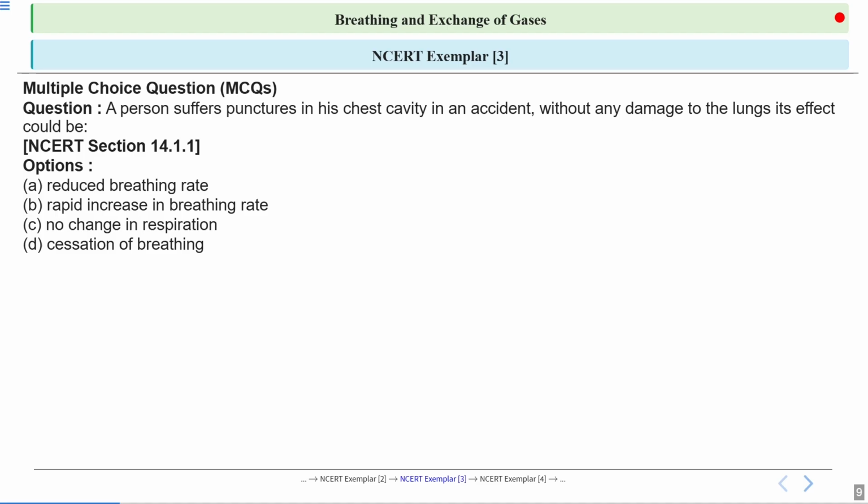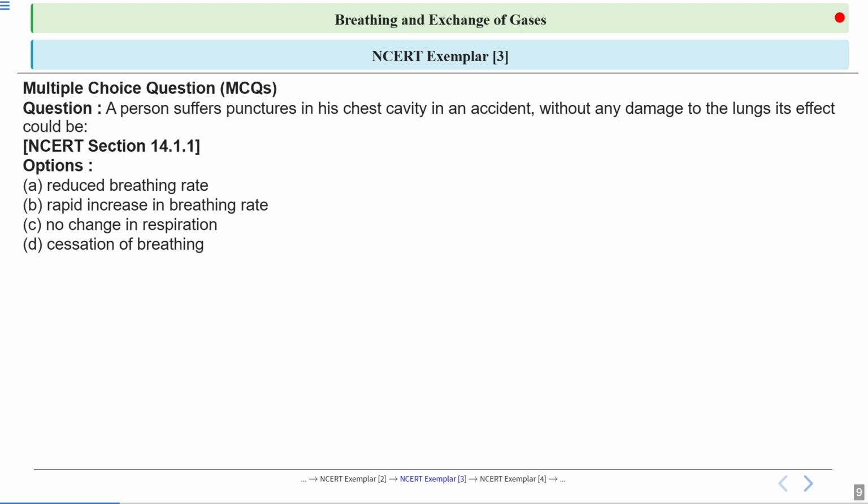A person suffers punctures in his chest cavity in an accident without any damage to the lungs. Its effect could be, right? There is a puncture, meaning there is an opening in the chest, but there is no damage to the lungs. Then what effect could it be? Let us see the options.